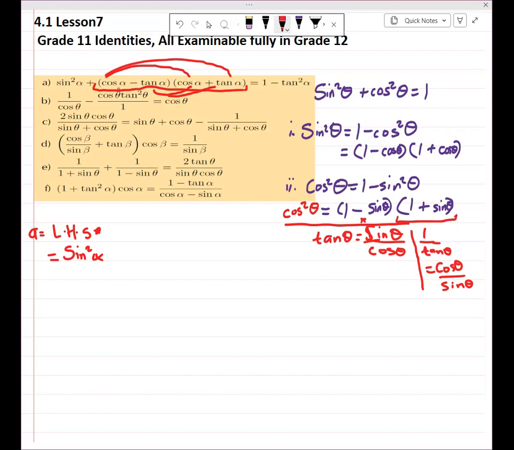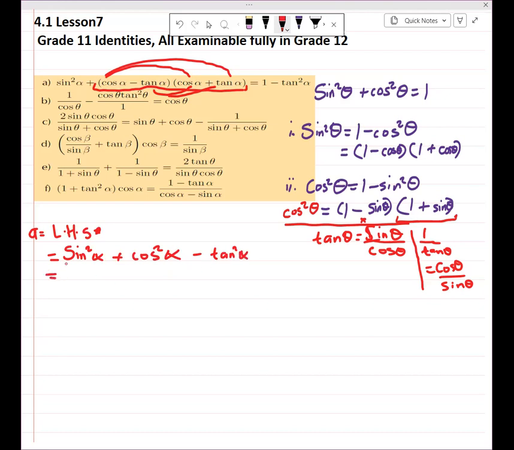But to save time, I can see that this is actually the difference of two squares because I have a cos, I have a cos, I have a tan, I have a tan, and I have a plus, I have a minus. So I can just say plus cos squared alpha minus tan squared alpha.